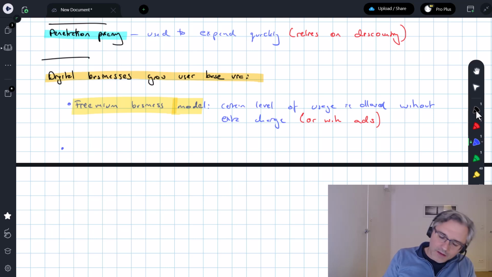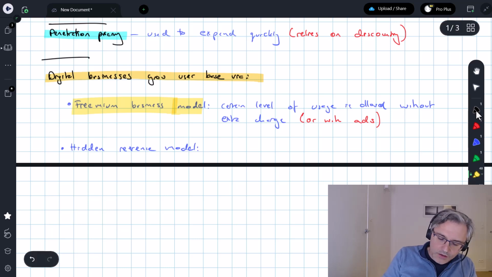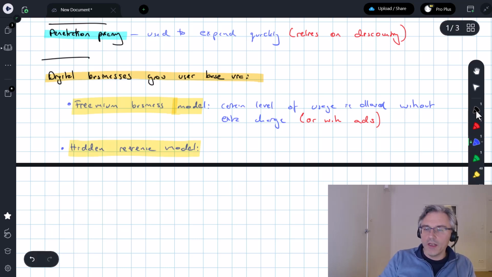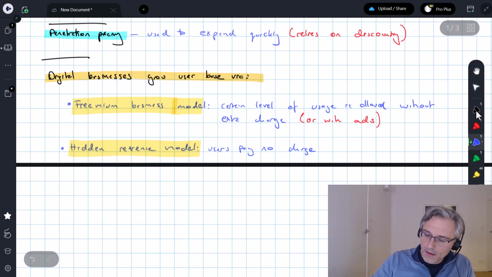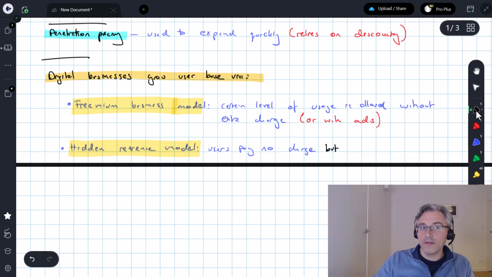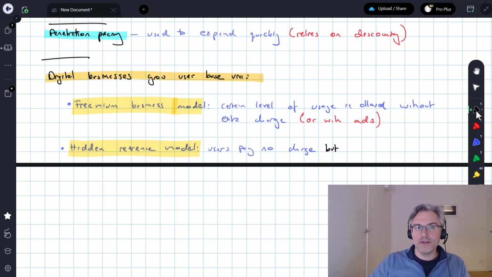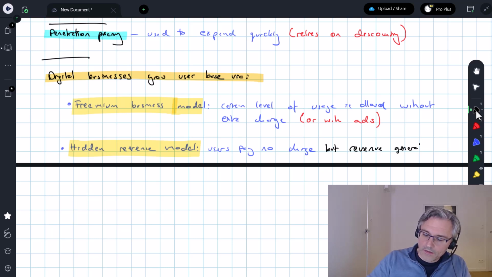Now, this is sometimes connected to a hidden revenue model, where a service is free, so users pay no explicit charge, because the provider generates revenue via a different channel, elsewhere.